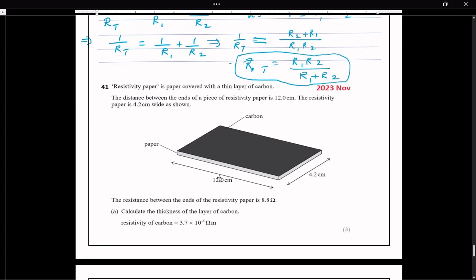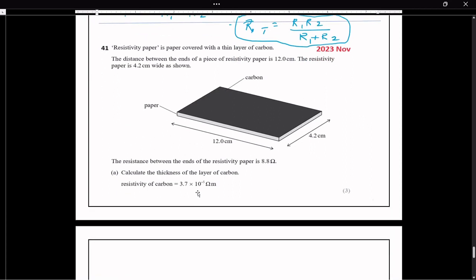Let's move on to the next question, 23 November. Calculate the thickness of the layer of carbon. They are talking about resistivity paper, which is paper covered with a thin layer of carbon. Its length and width are given. Then the resistance between the ends of the resistivity paper is 8.8 ohms.